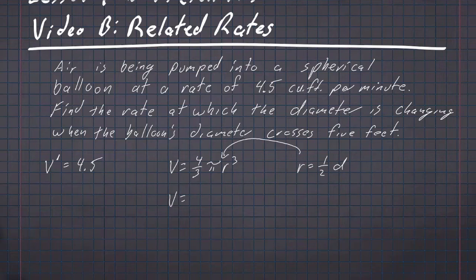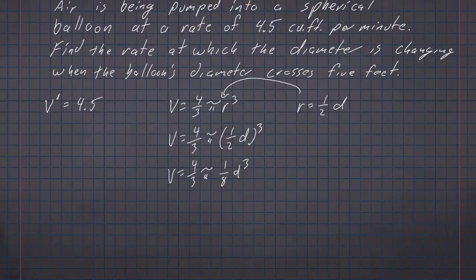So we have v is 4/3 pi times 1/2 d cubed, and we can cube those things separately. 1/2 cubed is 1/8, d cubed is d cubed. And we have our 4/3 and our 1/8. There's some stuff that will cancel out, reducing that. And we have in total, the volume here is pi over 6 times the diameter cubed.